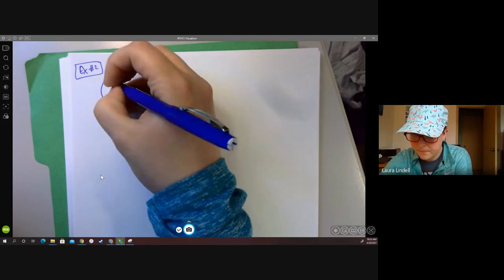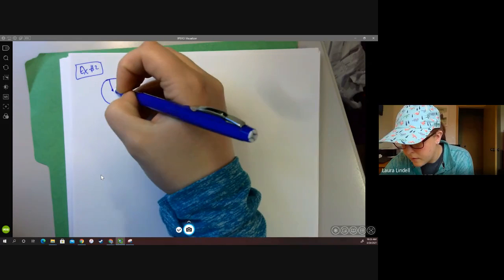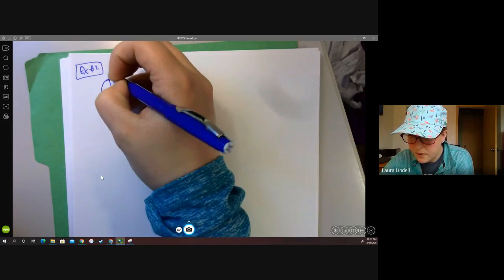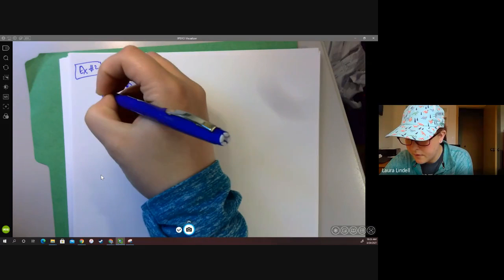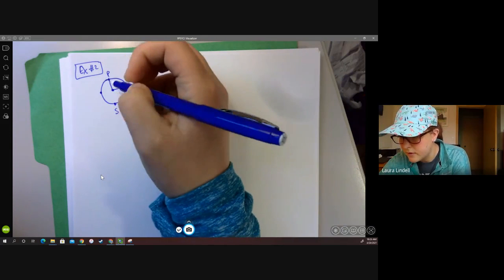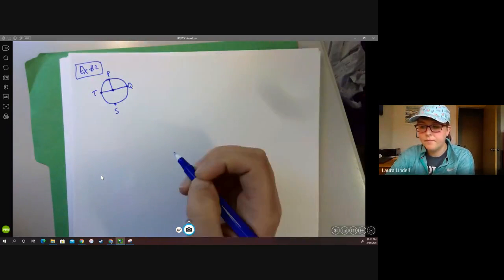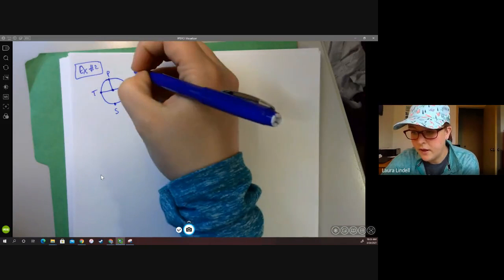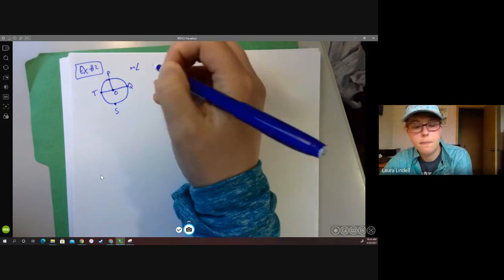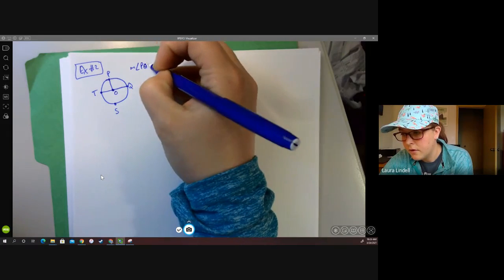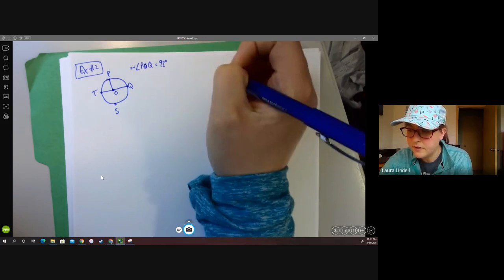Here's our circle. P, Q, S, T. And this time we are told that the measure of angle, call that O, POQ is 92 degrees.